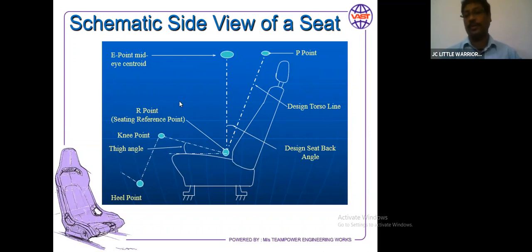Seat reference point. When we are designing a car, or any part in the car, we need to have coordinates to locate that part. Even in the simplest project, there will be parts, sub-assemblies and assemblies.